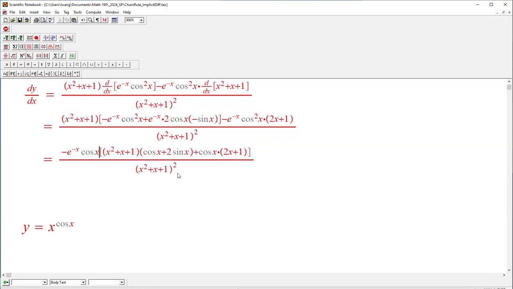And what else can be factored out? Well, not much. You can still try it. But just leave it at that.